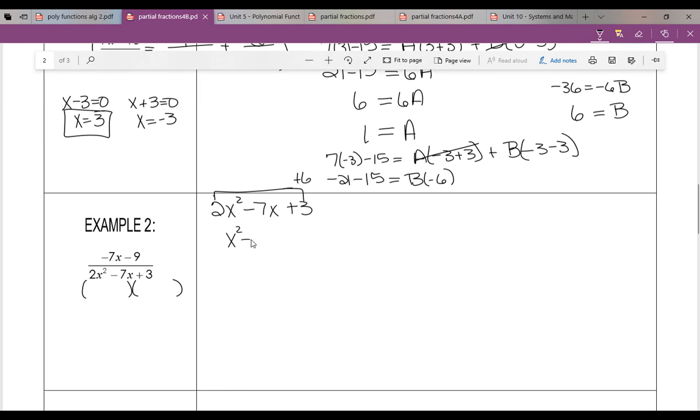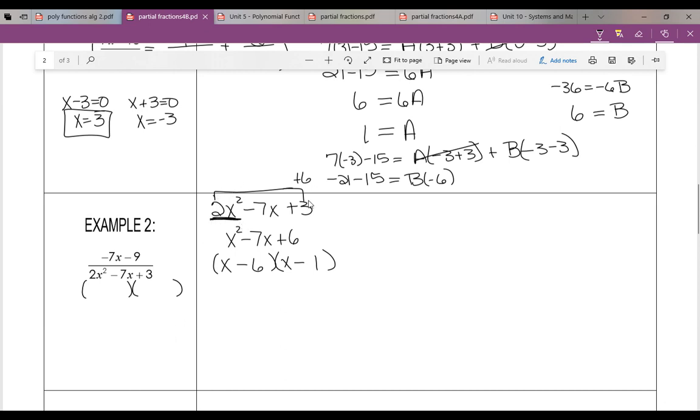You can rewrite it as x squared minus 7x plus 6. What are factors of 6 that add up to negative 7? Negative 6 and negative 1. The problem is x times x does not equal 2x squared. Do y'all agree?